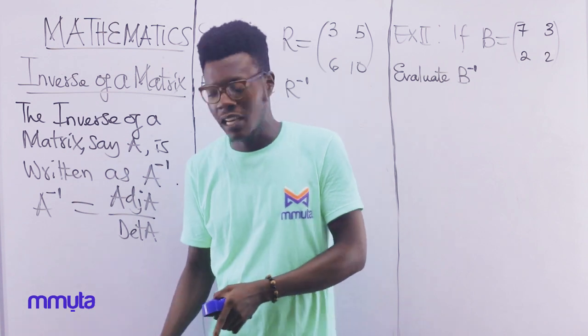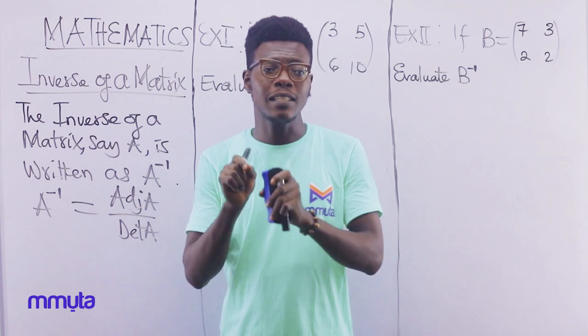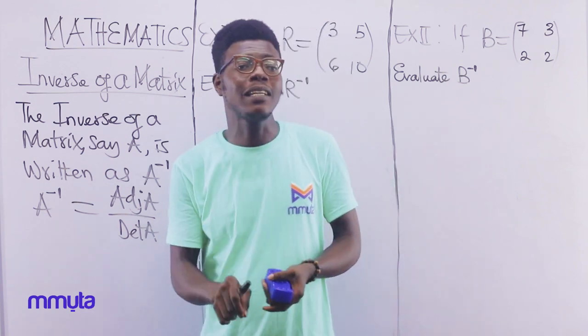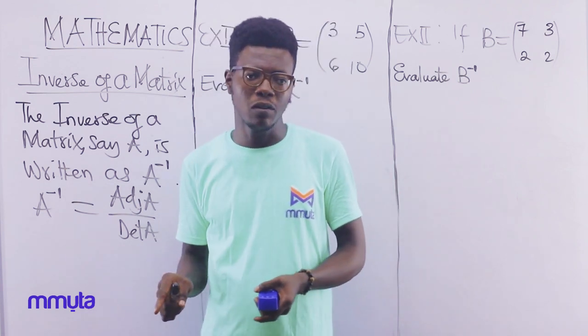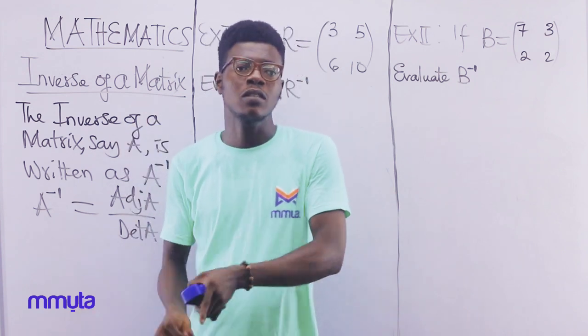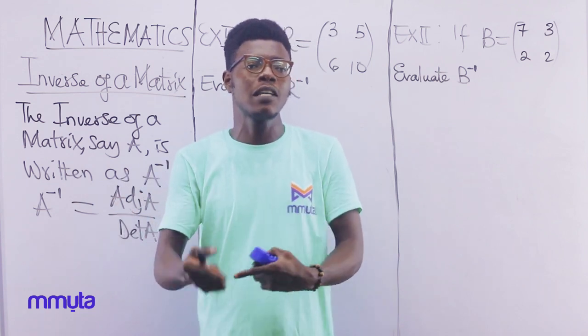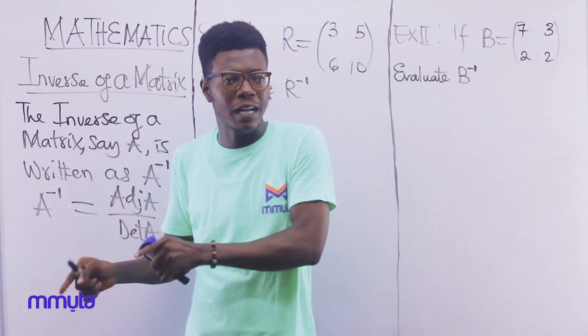Undefined. If the determinant becomes 0, then there is a problem. We say that the matrix is not invertible. If you can take the inverse, we call it invertible. But if you cannot take the inverse, or if the determinant is 0, you say it is not invertible.